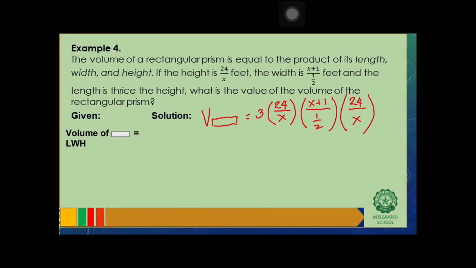After that, you simply need to perform the operation on the following rational algebraic expressions, which is multiplication. So you end up having 72 over x multiplied by x plus 1 over 1 half, which is equal to 2 multiplied by x plus 1 multiplied by 24 over x.